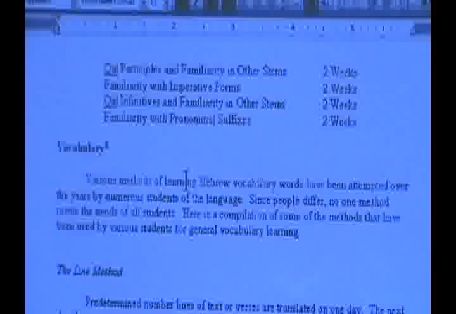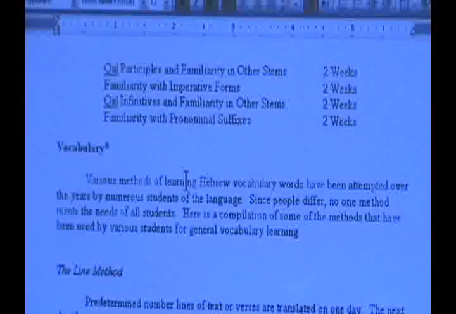I learned the key forms, okay, to be able to translate. Vocabulary is another issue. Vocabulary is much more difficult in Hebrew than it is in Greek, Latin, and some of those other languages. And why is that? Not as many words cross over. Not as many words are similar to English. There's a few, but not very many.